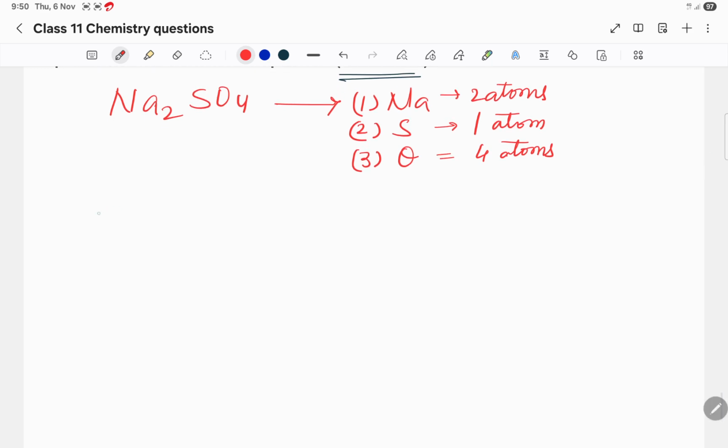We should know the mass percent formula.